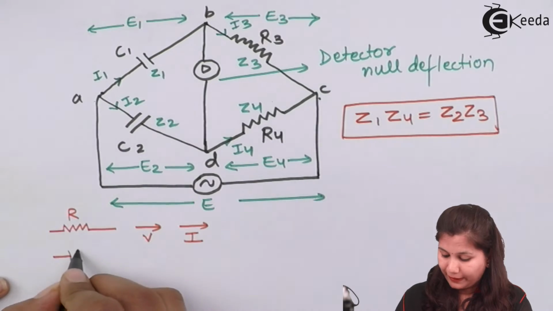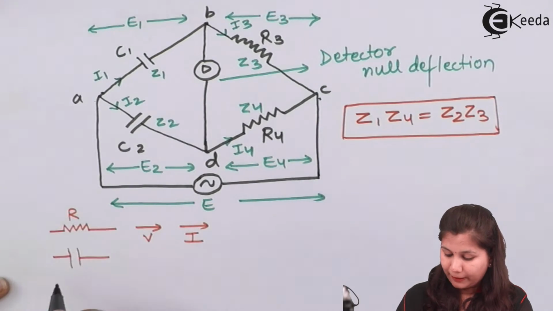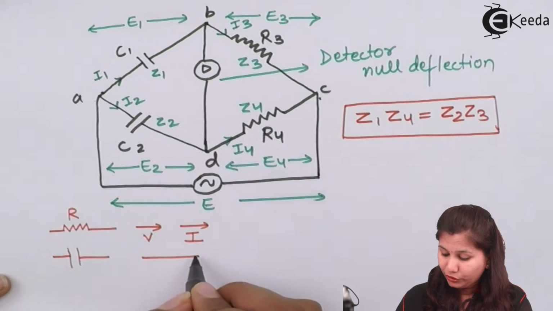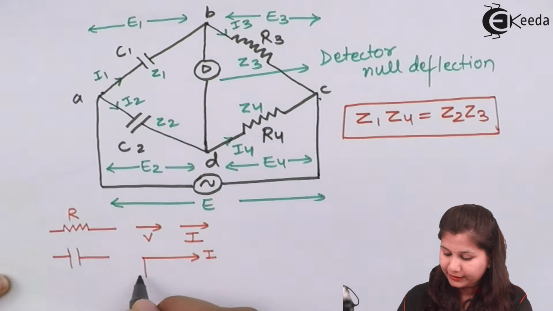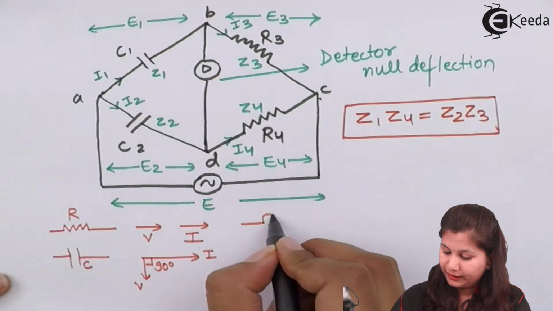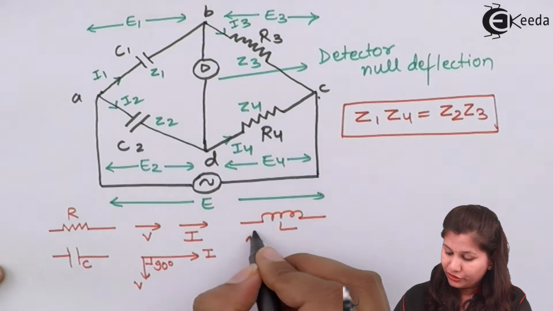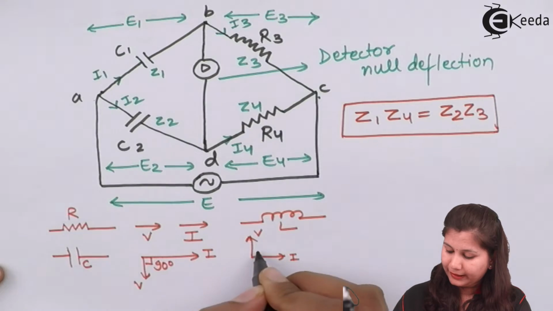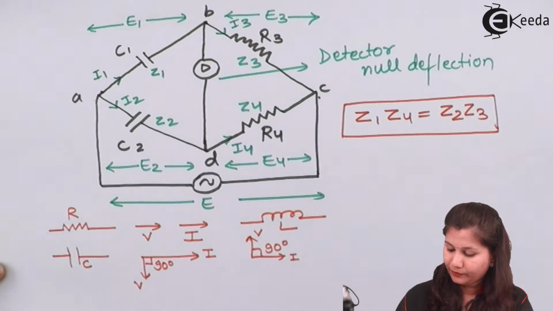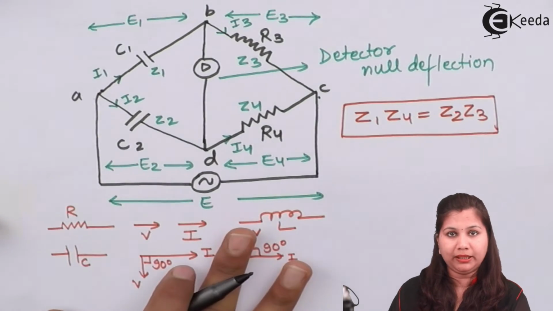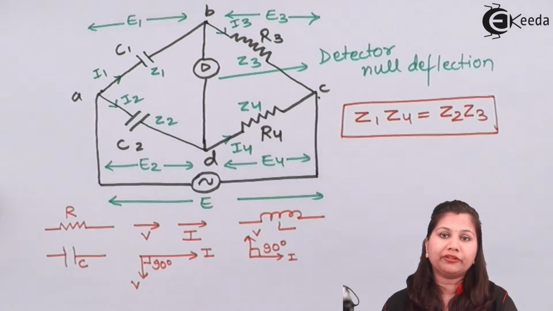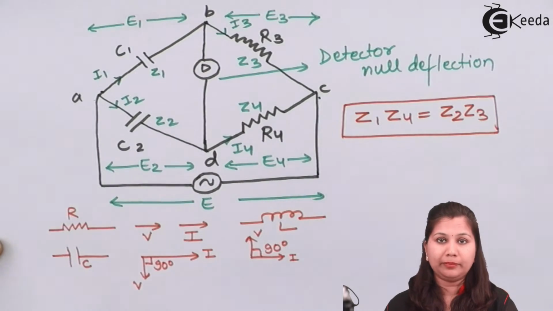If we talk about a capacitor, then for the capacitor, the voltage lags behind the current by 90 degrees. And if we talk about an inductor, then for an inductor, the voltage leads the current by 90 degrees. So this concept should be clear to you, then only you can draw the phasor diagram for an AC bridge.